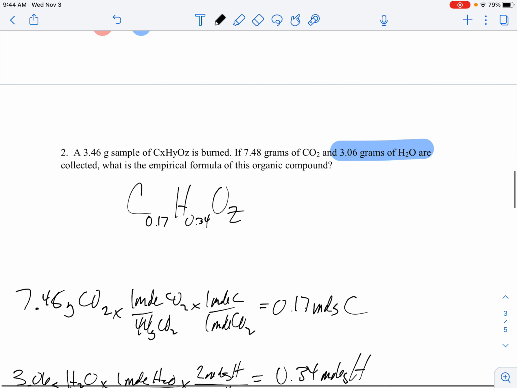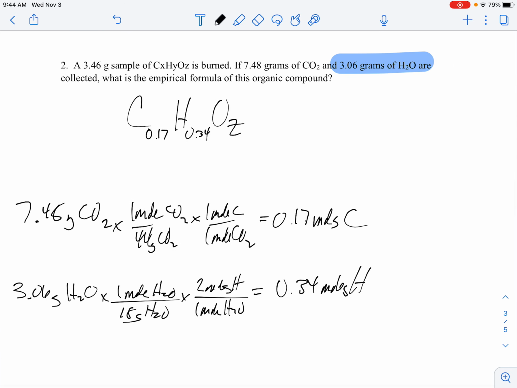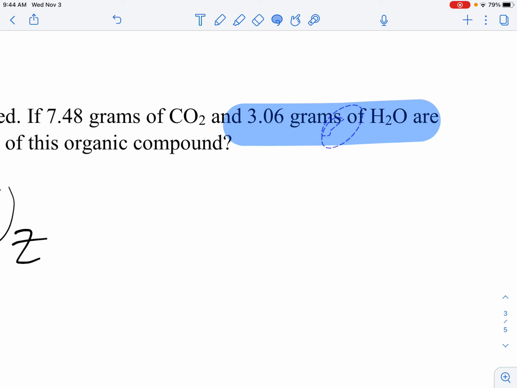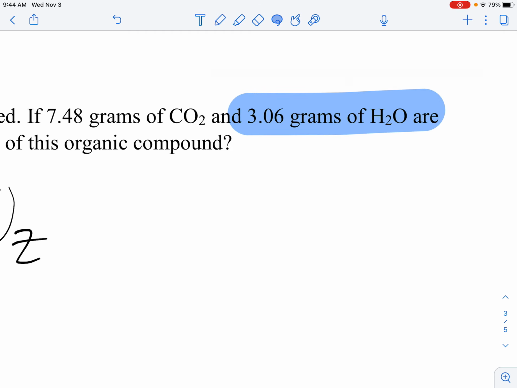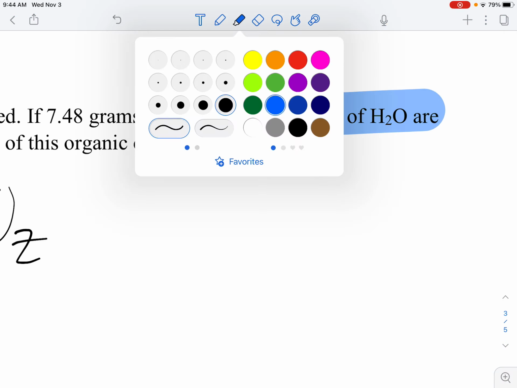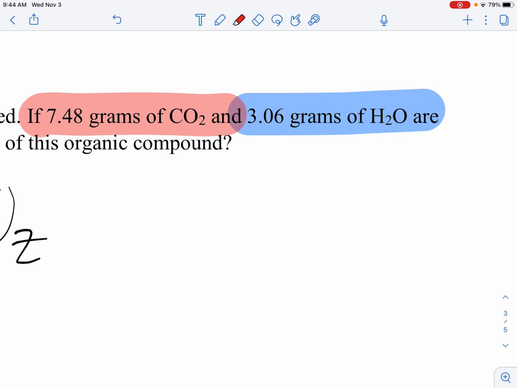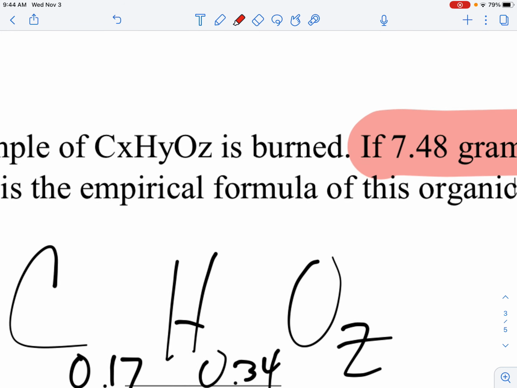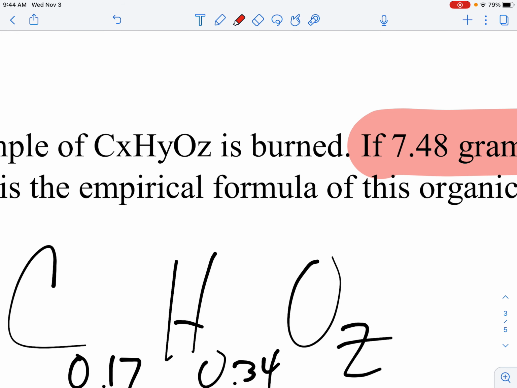All right. So now here's the problem with the oxygen. You might say to yourself, well, if I just combine the oxygen from my blue water here, if I figure out how much oxygen is there, and then I figure out how much oxygen was in the carbon dioxide that was there and add those together, then that should be my oxygen. Except that some of that oxygen is going to be coming from where you want it to, which is here in the compound.